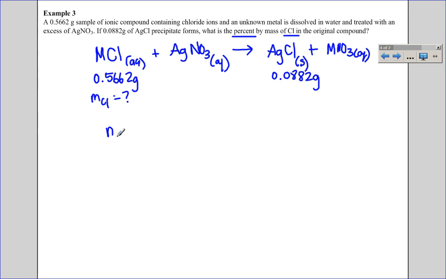So my first step is to figure out how many moles of silver chloride I'm dealing with here. So I'm going to divide by the molar mass. And the molar mass of silver chloride is 143.32. And I find that the moles of silver chloride that I produced was 6.15 times 10 to the negative 4.